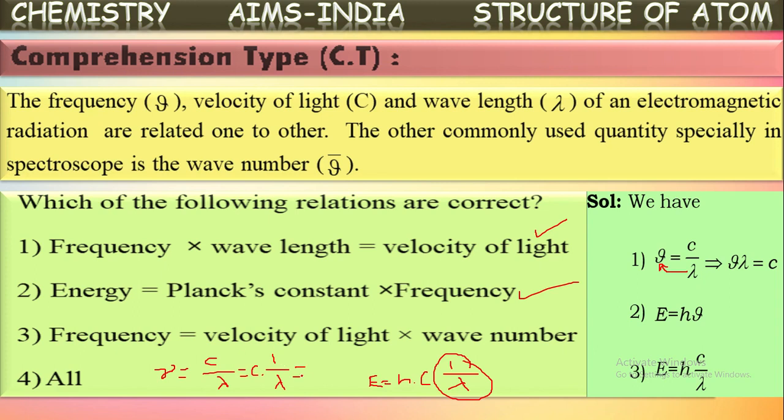Now we can write it as c into wave number, isn't it? So frequency is equal to velocity of light into wave number. The same is given as the third option. This is also a correct statement. Got it? So by this, we understood that these three relations are correct. Now what will be the correct answer? 4.